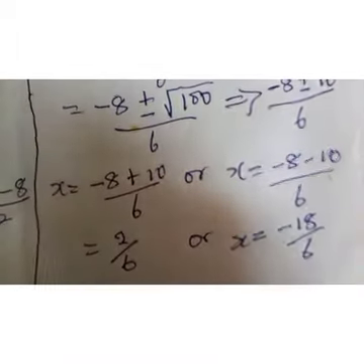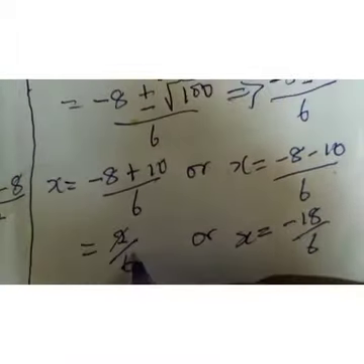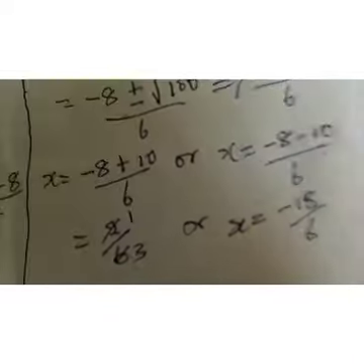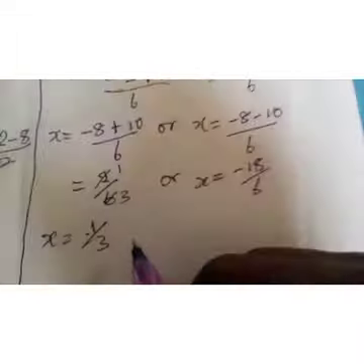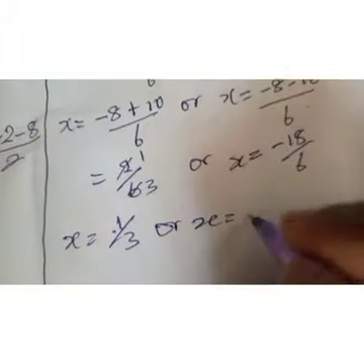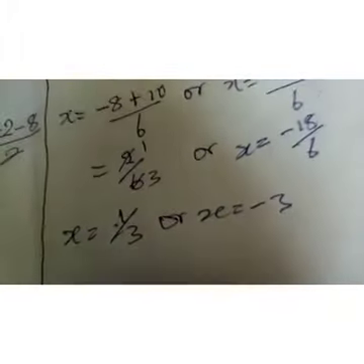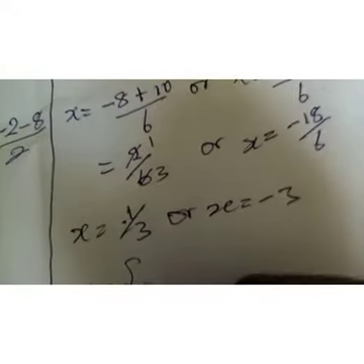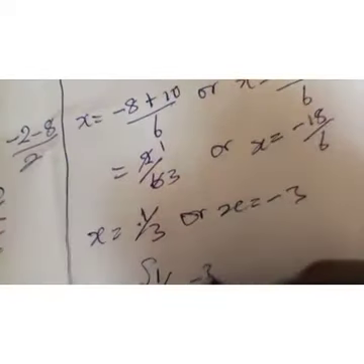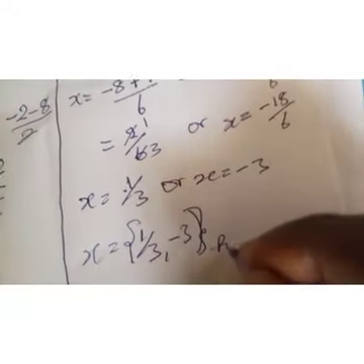So our x now will be equal to 2 all over 6, 2 here 1, 2 here 3, it will be equal to 1 over 3, or negative 18 all over 6, or x will be equal to negative 3. So the roots now will be 1 over 3, comma, negative 3. These are the roots.